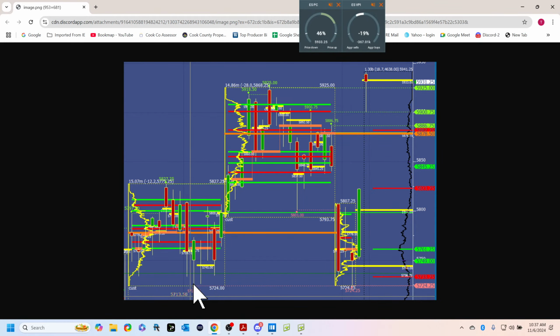Then go down, take out the low of this day, get shorts trapped, and then what does it do? It goes up. Then we get sellers, goes down, does not take this low out, and squeezes. So what does it do? Takes out this high, and where does it go here? Goes up. What is this over here? That's resistance.